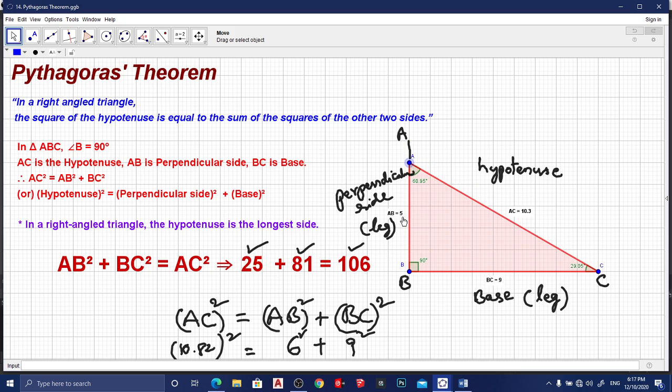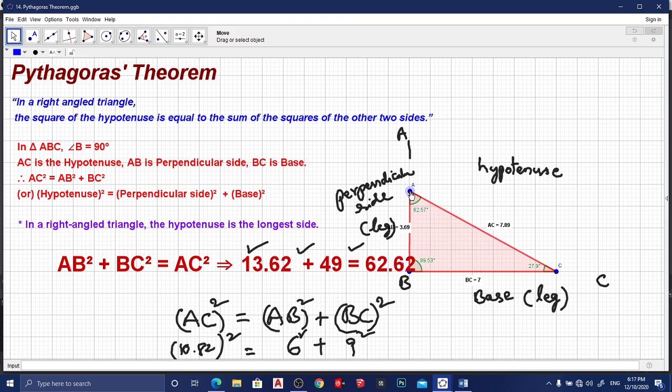See here, I am taking 5 and 7. So 5 square plus 7 square is equal to 8.6 whole square, which is 74. 5 square means 25, 7 square means 49, which is equal to 8.6 whole square, which is 74. So this is the property here.